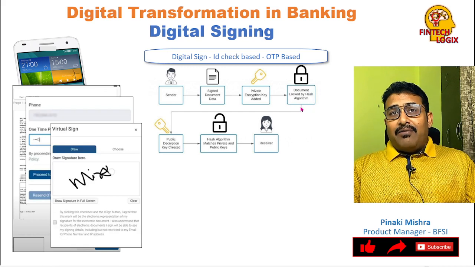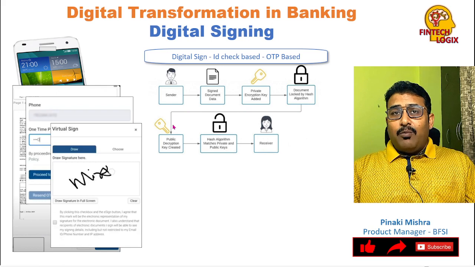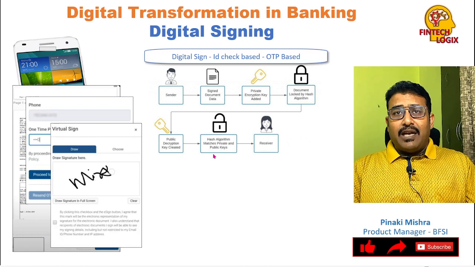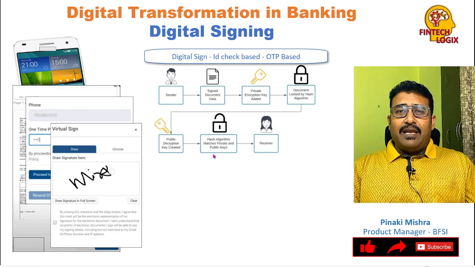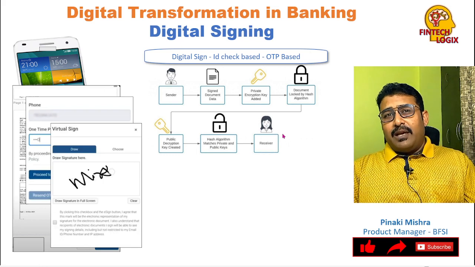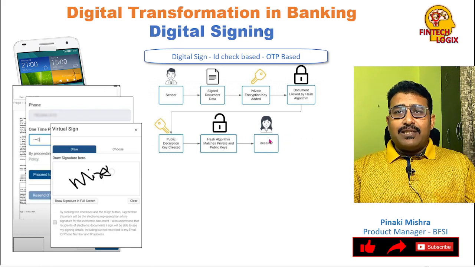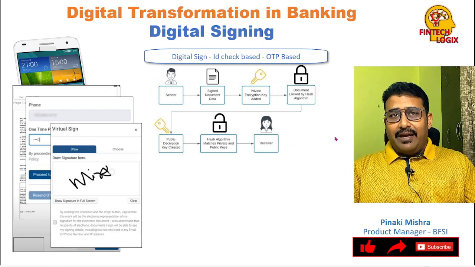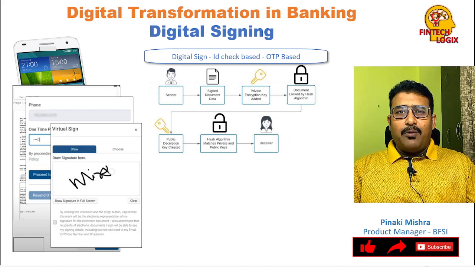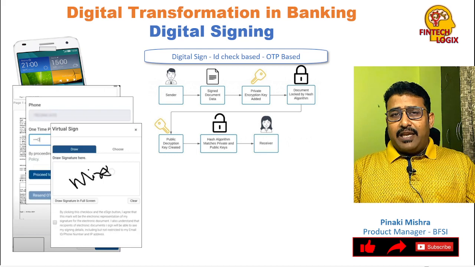It traverses to the other party, wherein there would be the same authentication mechanism through a public decryption key being created and authenticated. The same hash algorithm applied previously is applied to decode that particular document, and the receiver, or the second party who has to sign, can also do the same process to traverse it ahead. So this is a simple process of encryption of the document, wherein we are adding a layer of security and passing it further.